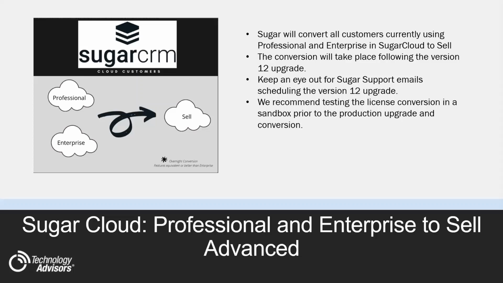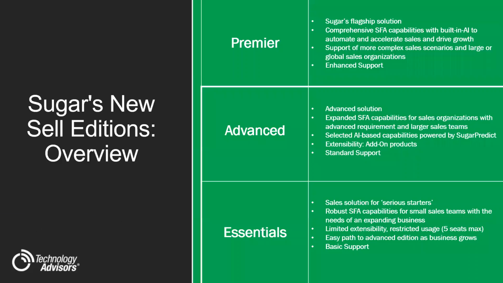So let's look at the different Sell editions. There are going to be three tiers of Sell. All existing customers are going to be moved to Sell Advanced. The primary differences here: Sell Essentials is the most basic. There are no integrations and no add-on products that are going to be compatible with Sell Essentials.